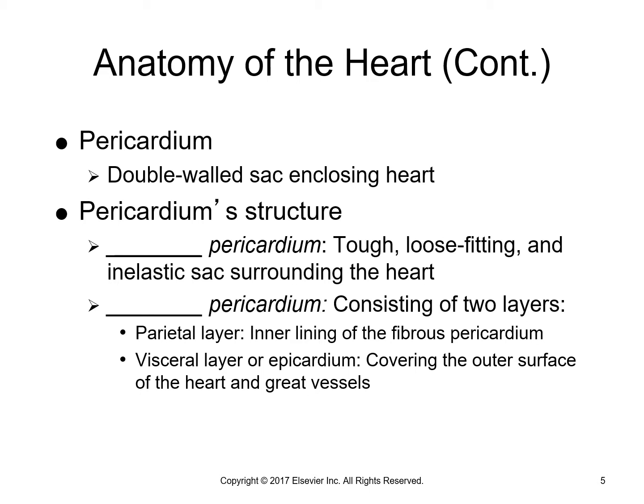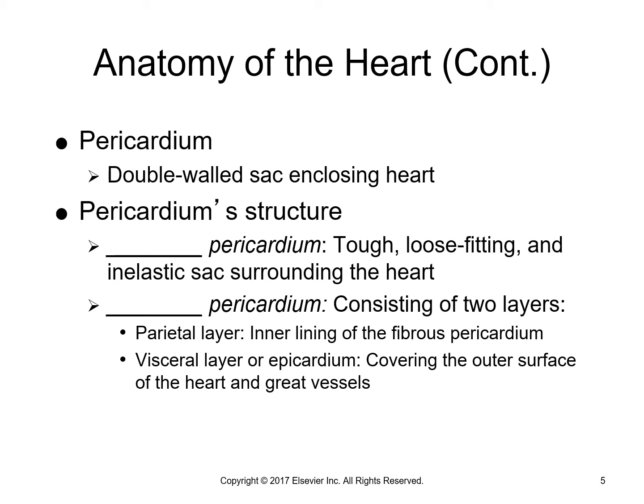And then serous pericardium. That's beneath that outer layer, so you're going deeper. The serous pericardium consists of two layers. The outermost of those two layers is the parietal layer, which is basically the inside lining of the fibrous layer, so it's right underneath that fibrous layer.